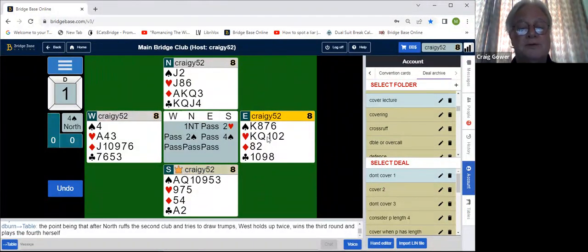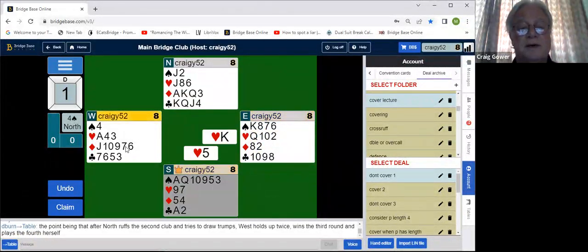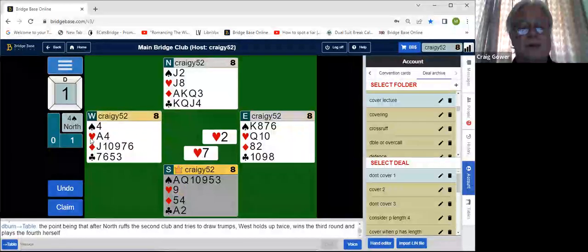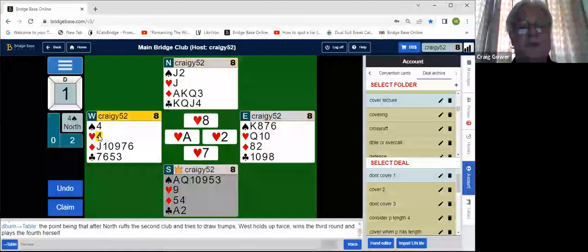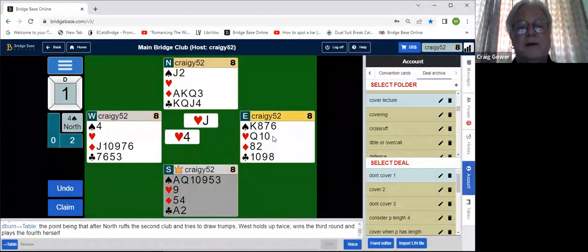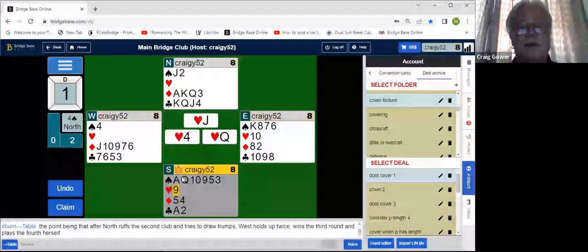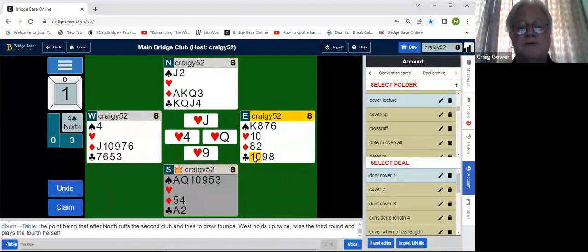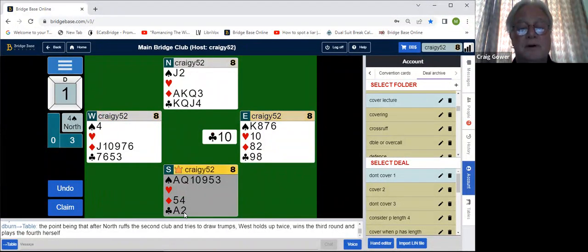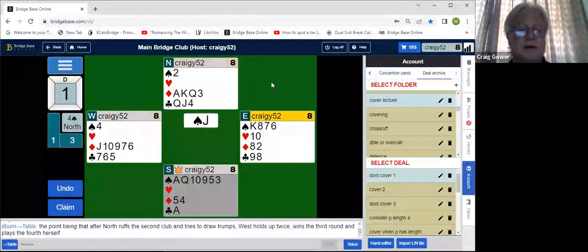Now the King of Hearts will be a popular lead. So we can do that, and we'll get the play down to, and might switch to a club. And the Jack of Spades gets played.